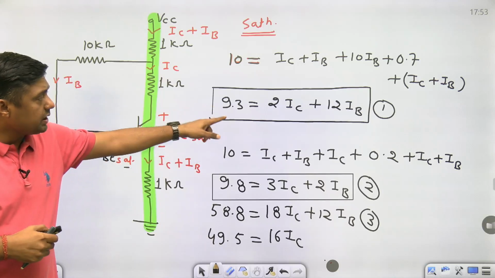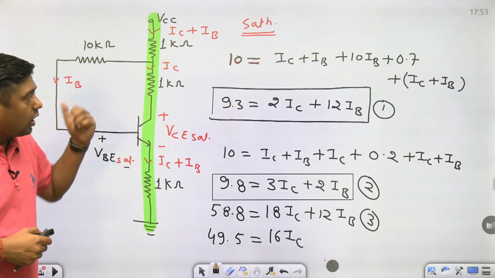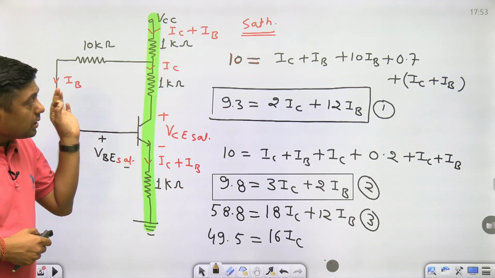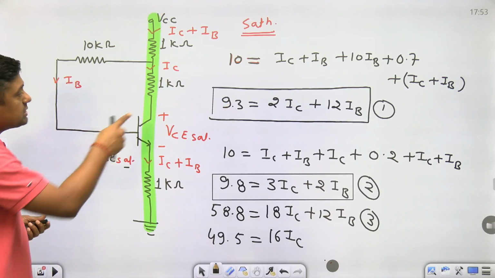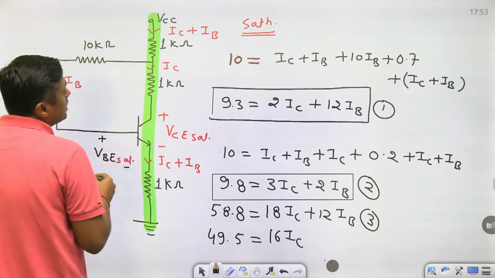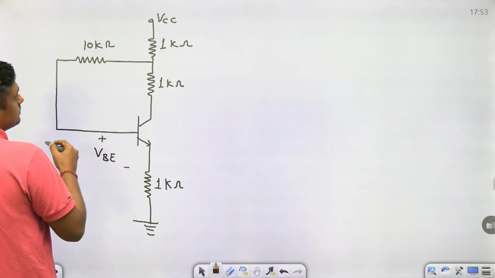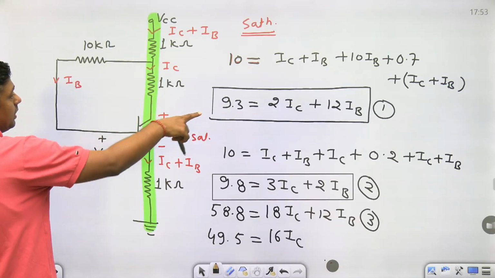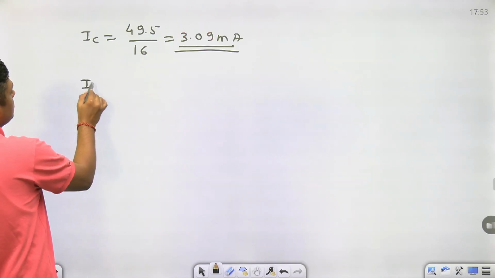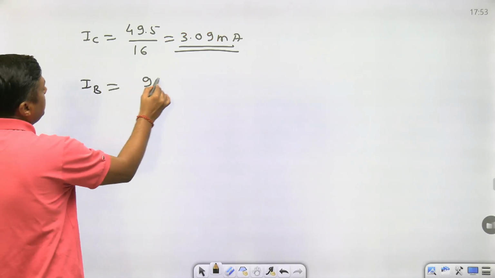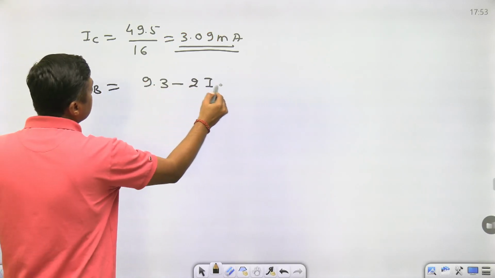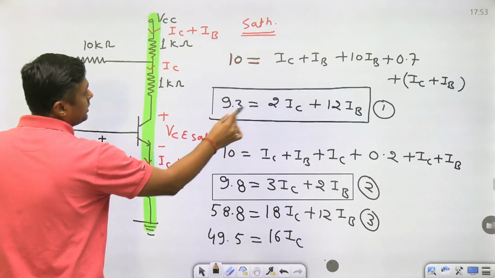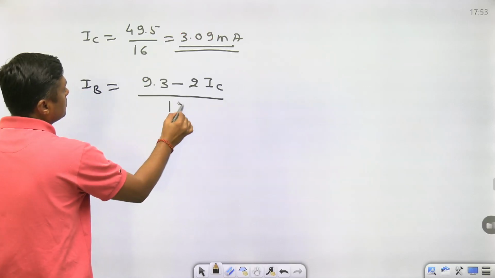Now 9.3, 2 IC plus 12 IB. So how you can find guys? Put the value of IC here. So what is the value of IB from this? So it will become IB is equal to 9.3 minus 2 IC upon 12.